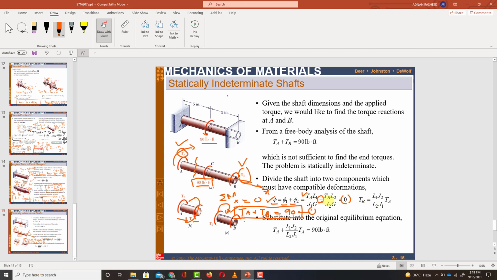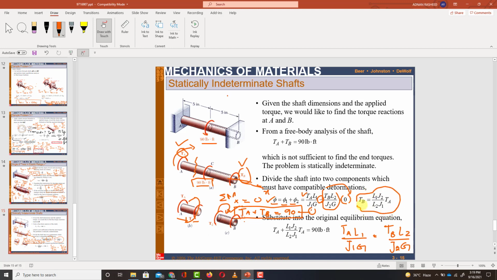When this equation becomes equal to 0, you can move this whole term to this side. So it becomes TA L1 over J1 G is equal to TB L2 over J2 G. From that you can write it in terms of equation A, or in terms of equation B, that depends on you.